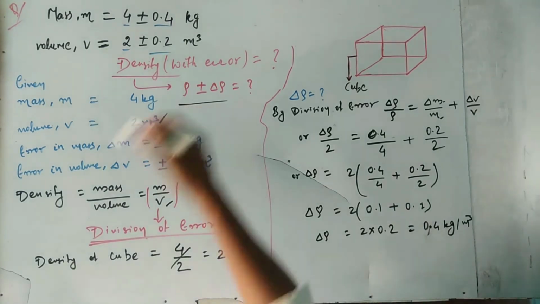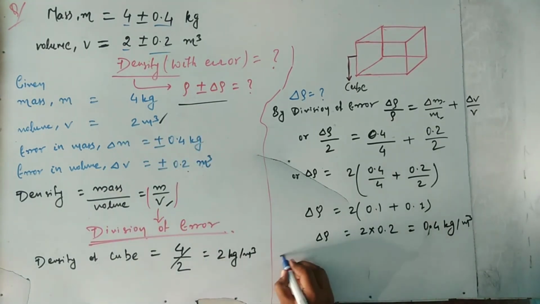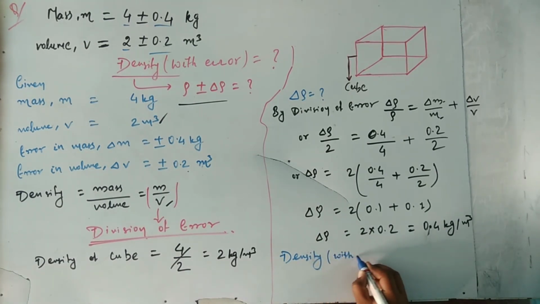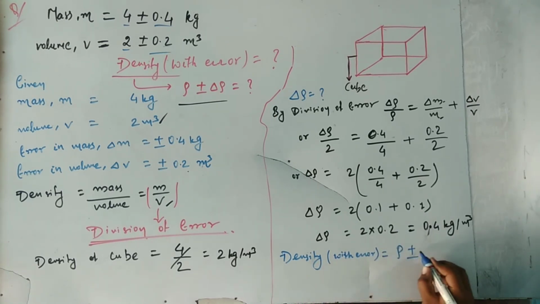Here we found the value of rho and del rho both. Therefore, density with error is equal to rho plus minus del rho, where rho is 2 kg per meter cube and del rho is 0.4.